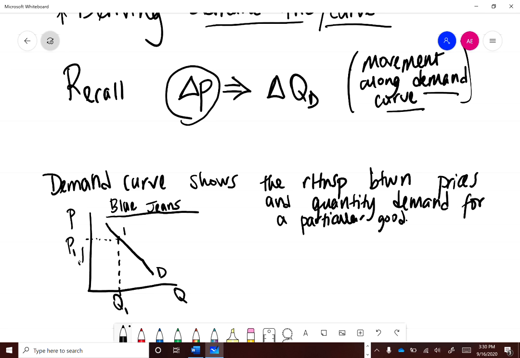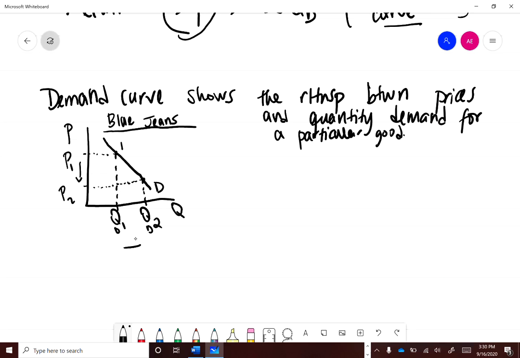So if price should decrease, right, to P2, then we would expect that quantity demanded will increase to Q2, which makes sense. Either more people can now afford it, or the people who could afford it up here at point 1 are just buying more of it at point 2.